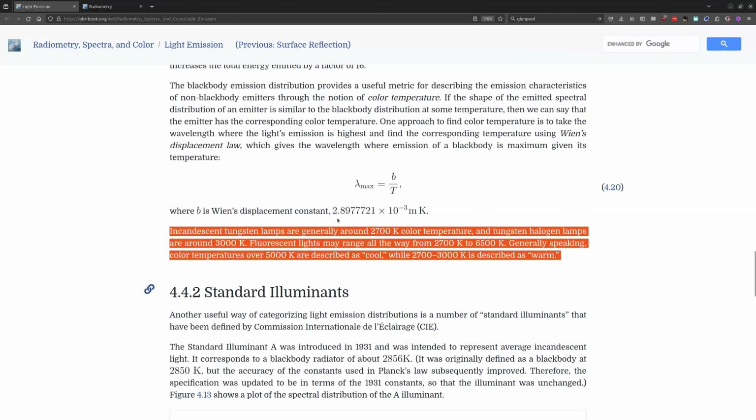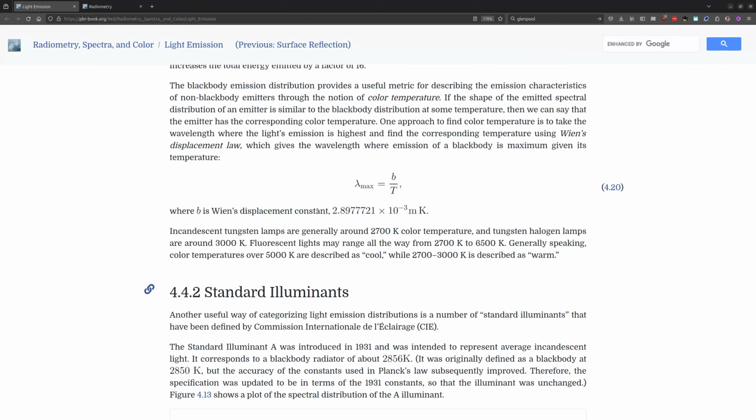Okay, so color temperature is just kind of a feel-good thing.